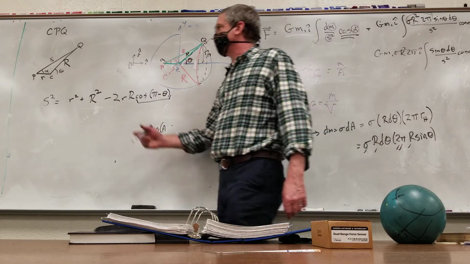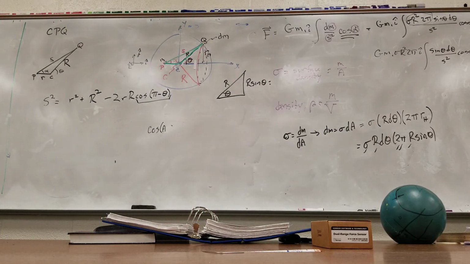Cosine of, we'll put this over on the side here. Cosine of alpha plus beta is cosine alpha cosine beta minus sine alpha sine beta. Take a quick moment just to make sure this is right. Yep, feeling good.